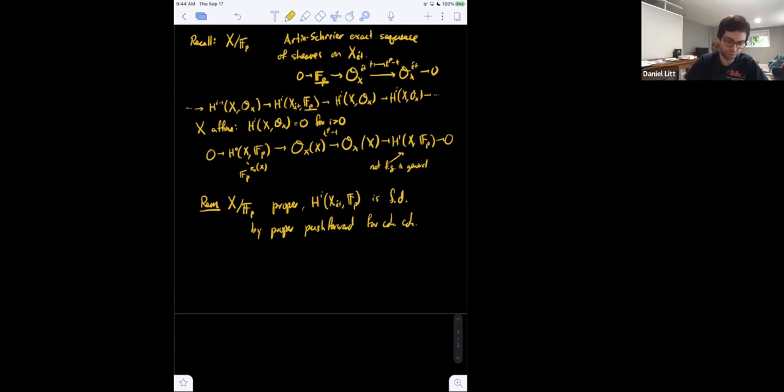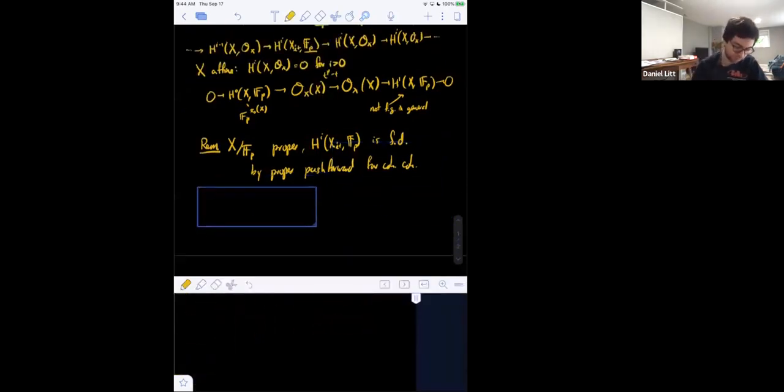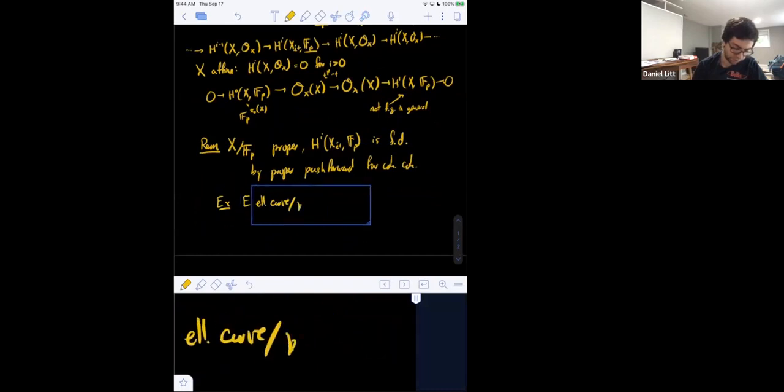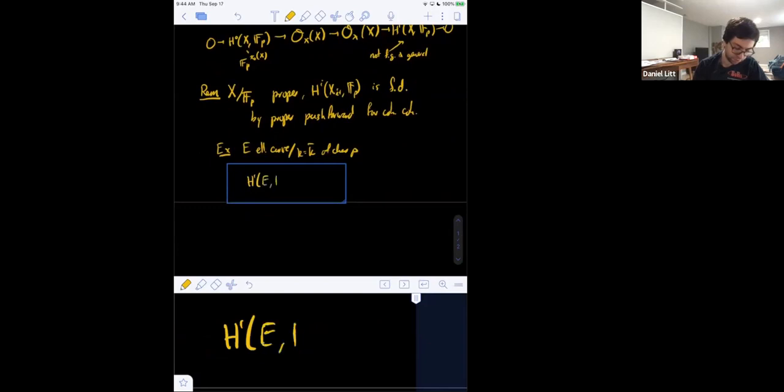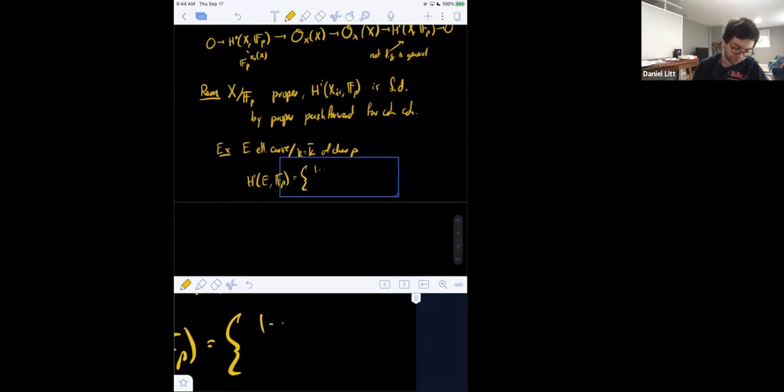For example, just as an example, for E an elliptic curve over an algebraically closed field of characteristic p, it's not so hard to see from this long exact sequence that H^1 of E with F_p coefficients is going to be one-dimensional, so it'll be F_p, if E is ordinary, and 0 if E is supersingular.